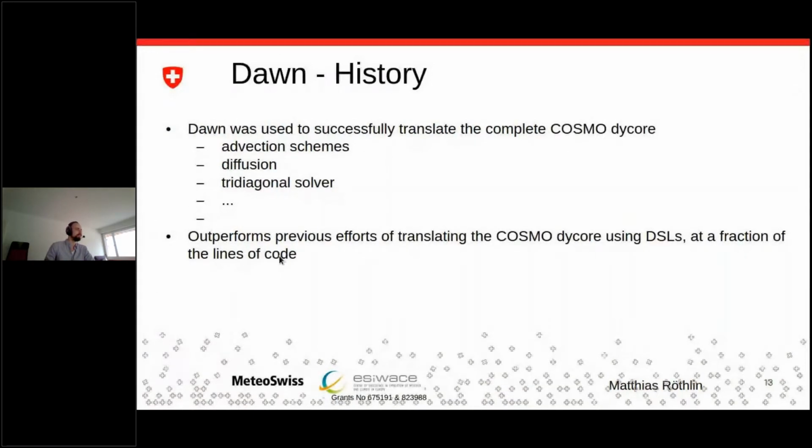Dawn was used to translate the complete COSMO dynamical core. This includes advection schemes, diffusion, and tridiagonal solvers. And it does perform fairly well. It provides better performance than previous efforts based on other DSLs, while allowing for much more readable code.